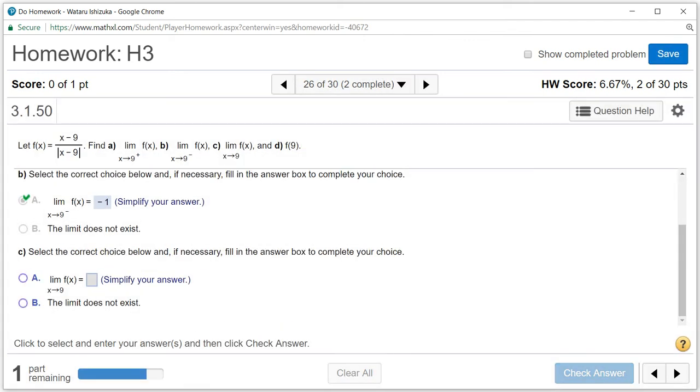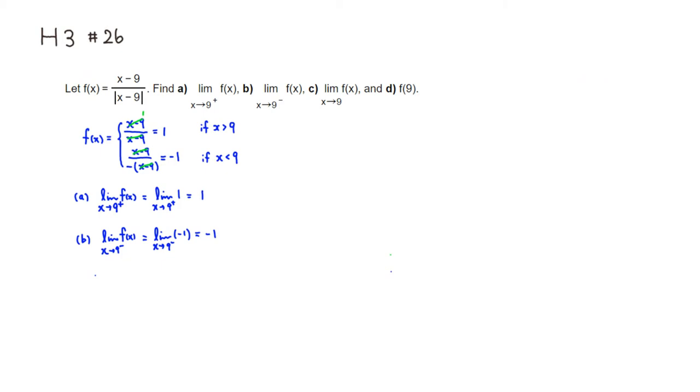Then we want to find f of 9. I have to do part C first. We want to take the two-sided limit of f of x as x approaches 9.